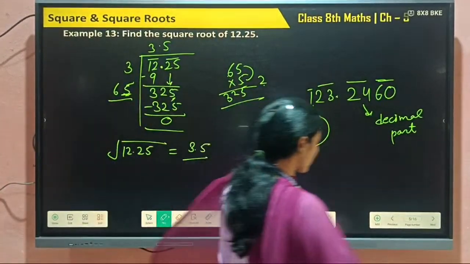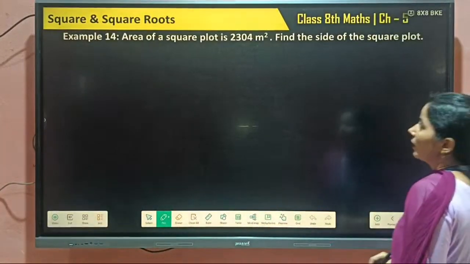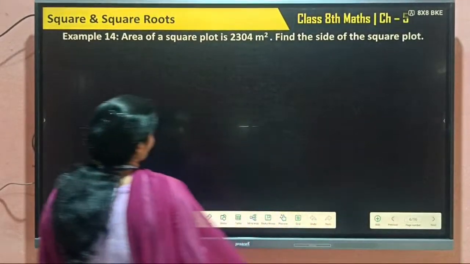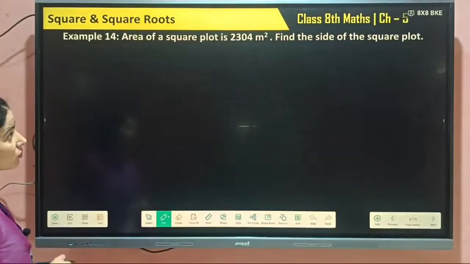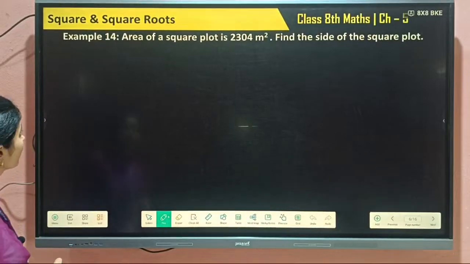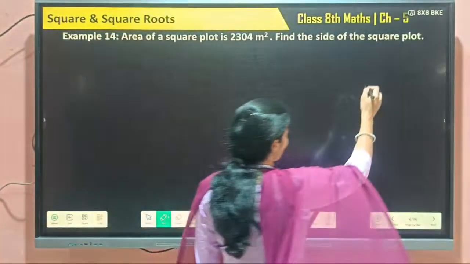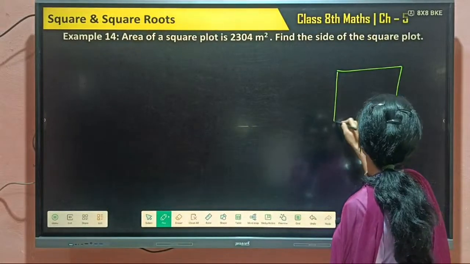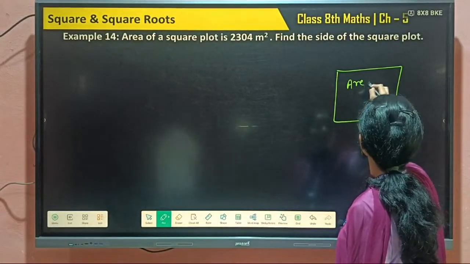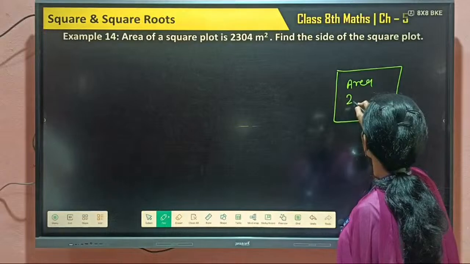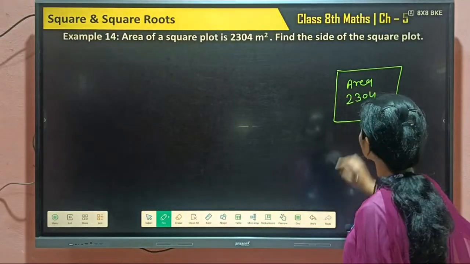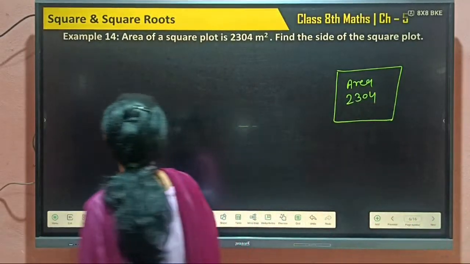Let us see the next question. The area of a square plot is 2304 square meters. Find the side of the square plot. One square plot is given to us, its area is 2304, and we need to find its side.